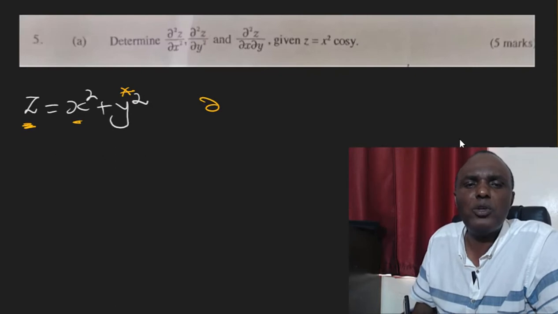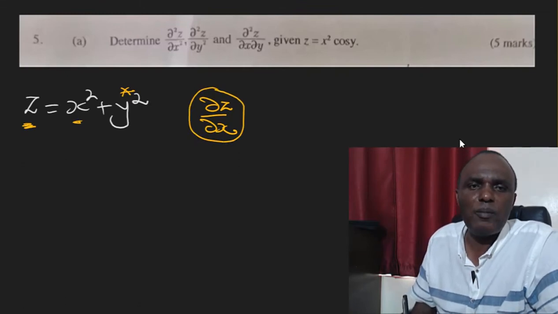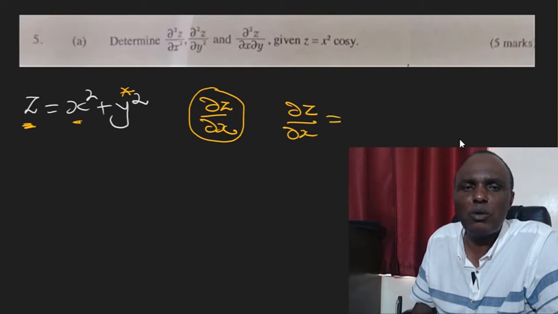For example, when you want to differentiate z with respect to x, you are going to write ∂z over ∂x. This means that you want to differentiate z with respect to x, and in our case, you are required to keep y constant. ∂z over ∂x is equal to differentiating x squared.